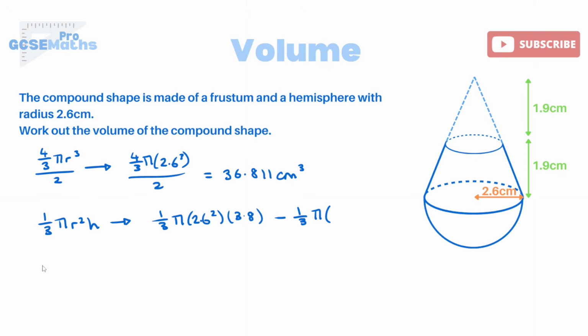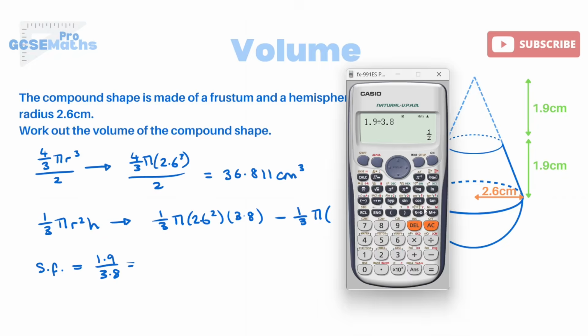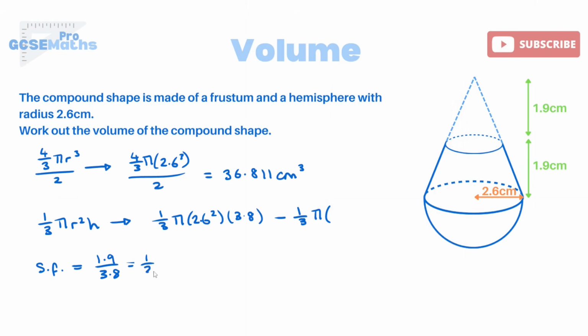So what would that be as a scale factor? 1.9 divided by 3.8 is a half. So the small cone is half the size of the big cone, which means, therefore, the small radius is half the size of the big radius. So that would be 1.3 centimeters.